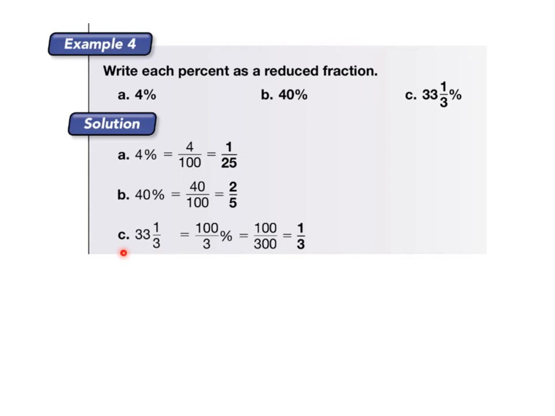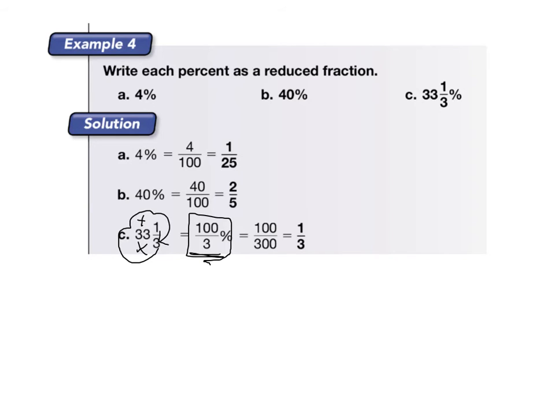Now I have a weird one, and this might confuse you a little bit, but I have 33 and a third percent. So what we did on this one is we converted it to an improper fraction, the method that I call popcorn, but you multiply 3 times 33, that gives me 99, add 1, you get 100. So now I have 100 over 3%.